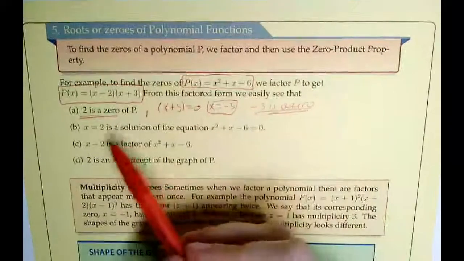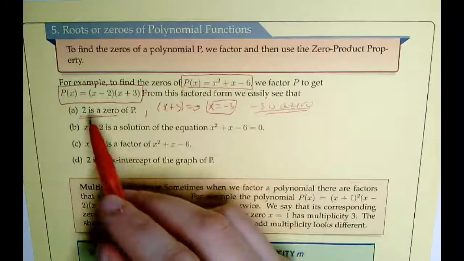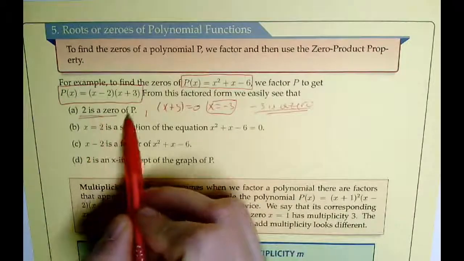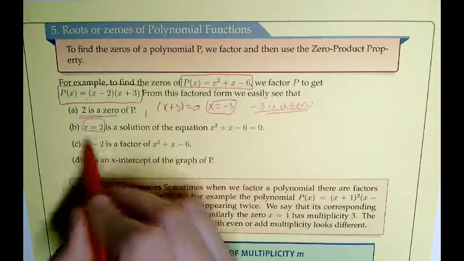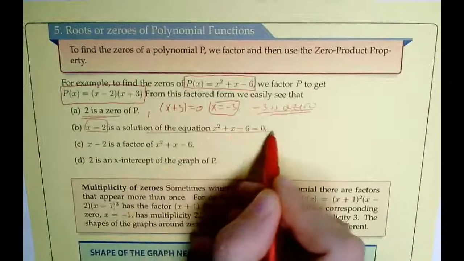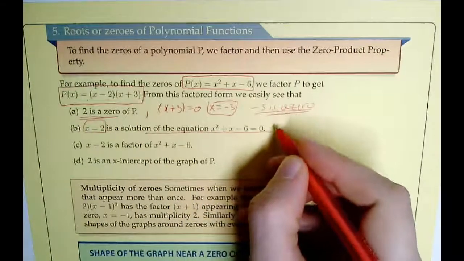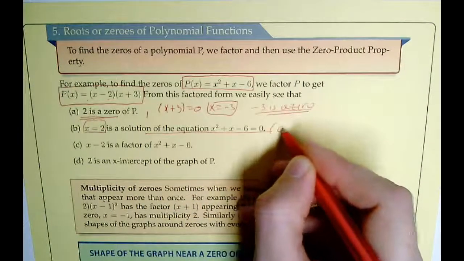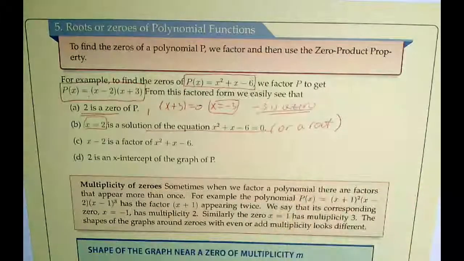And then a couple of terminology in here. If 2 is a 0 of the polynomial p of x, then we say that x equals 2 is a solution to the equation x squared plus x minus 6 equals 0. It's a solution or a root. So these are some things that are used interchangeably: zeros, solutions, roots, x-intercepts.